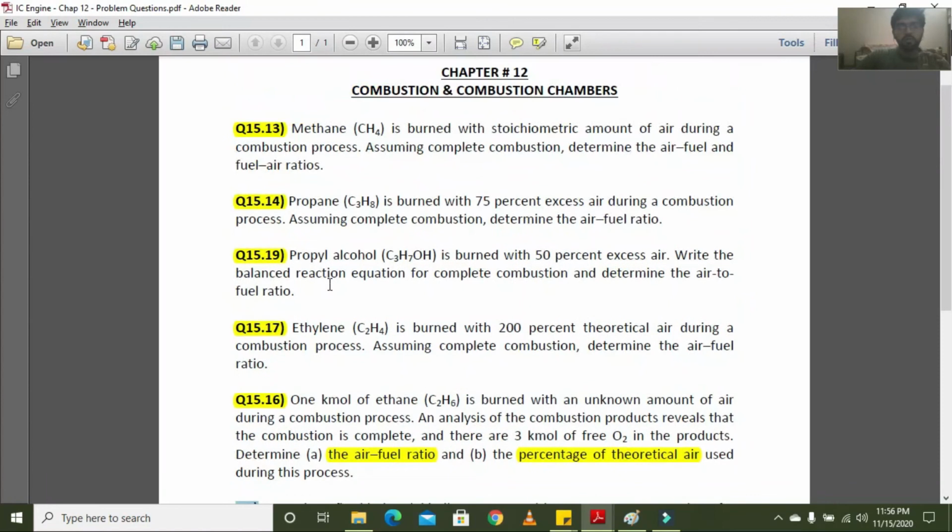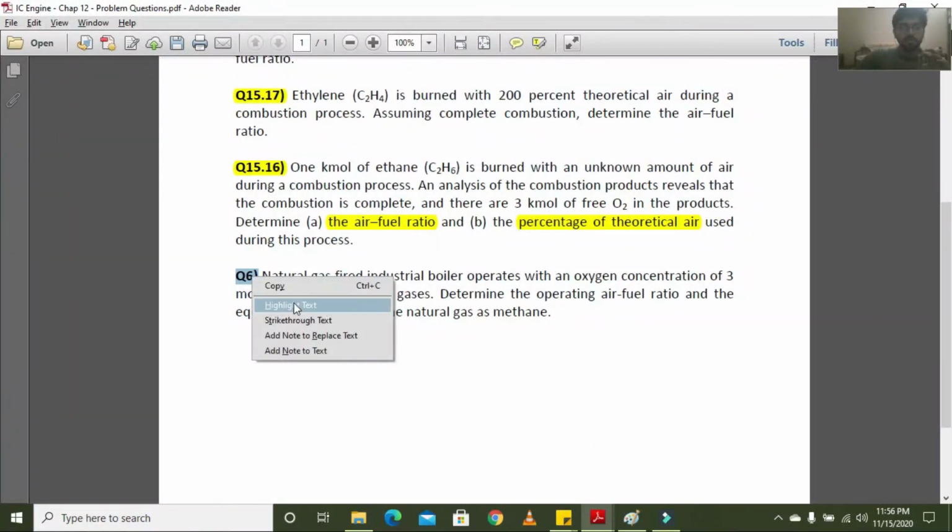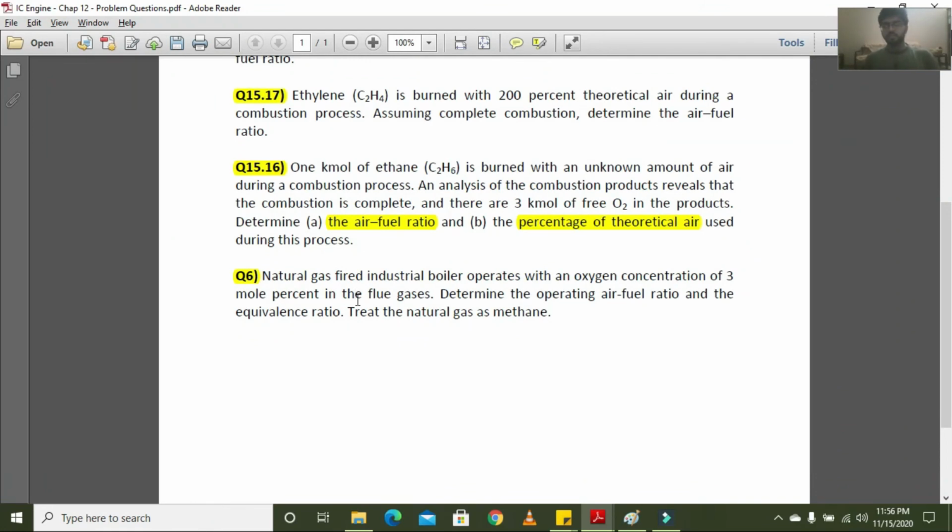Now moving towards the last question of this topic. This is quite a practical question, because we have the implementation of this combustion process in the industrial fired boiler. Boilers are one of the most widely used equipment in the industries for heating purposes.